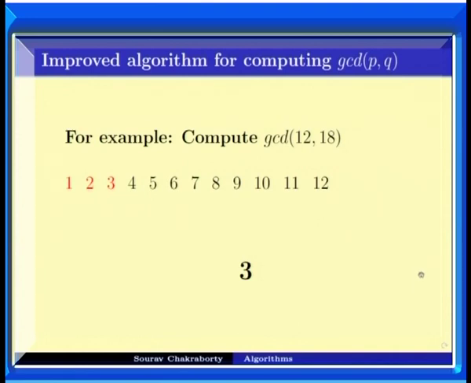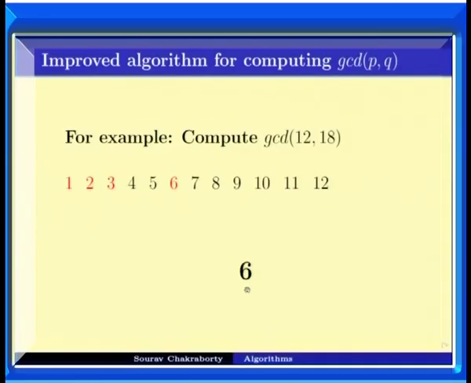Similarly for 5, and then we go to 6 and we see that 6 divides both of them, and again we update our variable to 6, and for the rest of the numbers we go one by one and find out that none of the numbers divide both 12 and 18, and thus we do not update our value temp.